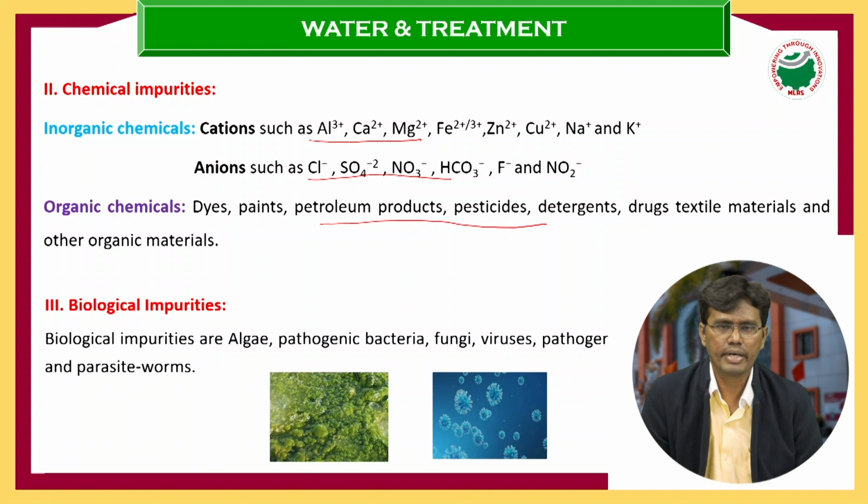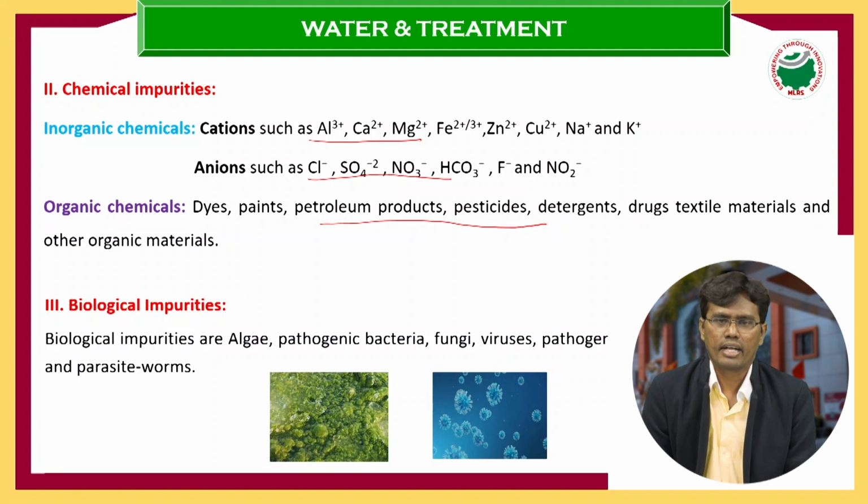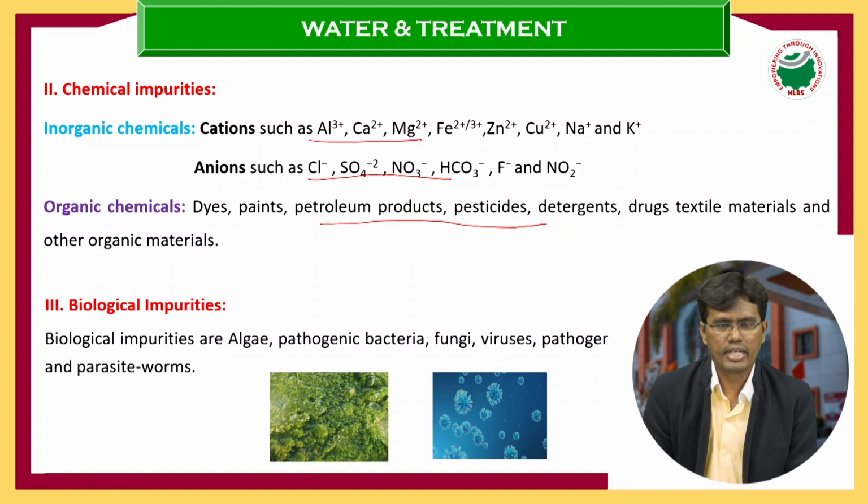Again I am repeating, the impurities are of three types. Number one is physical impurities, number two chemical impurities, number three biological impurities. In physical impurities, odor, taste, color, turbidity. In chemical impurities, inorganic and organic. Biological impurities, pathogens, bacteria.